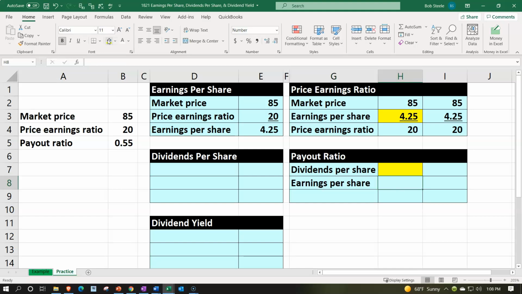And we do know that they gave us the earnings per share, which is what we calculated here, adding a couple decimals, number group, couple decimals, underlining that, font group and underline. And that should give us then our payout ratio, which was given to us at the 0.55, adding a couple decimals.